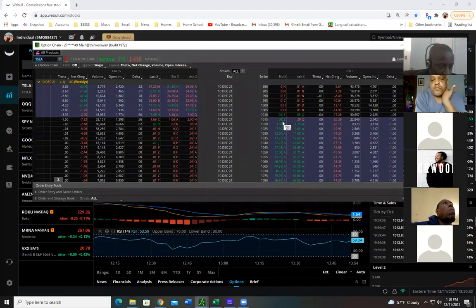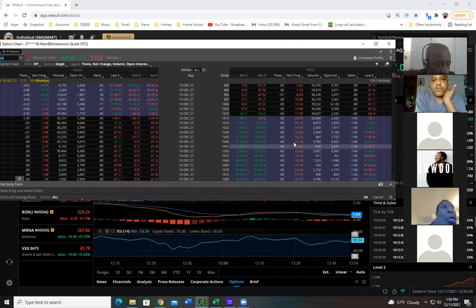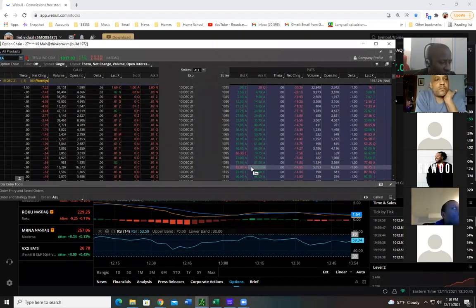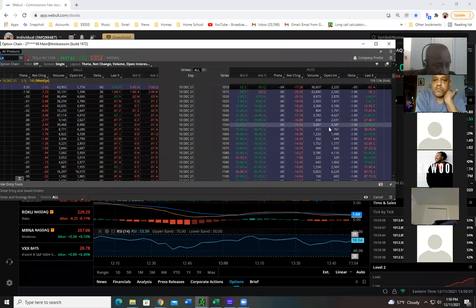I was buying a lot of 1050s. The delta was 1, which means for every dollar it moves, I get $100 per contract. I think I might have bought some 1100s too, but 1050 mostly. 1100 had 6,000 open interest, 1050 had 4,000, so that was decent.